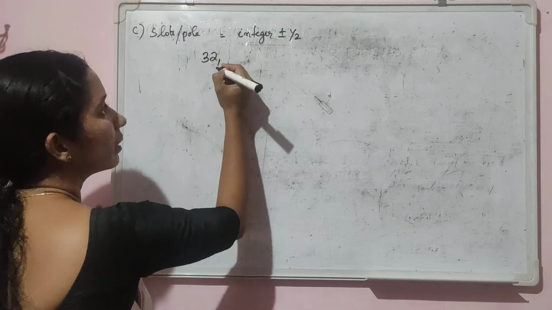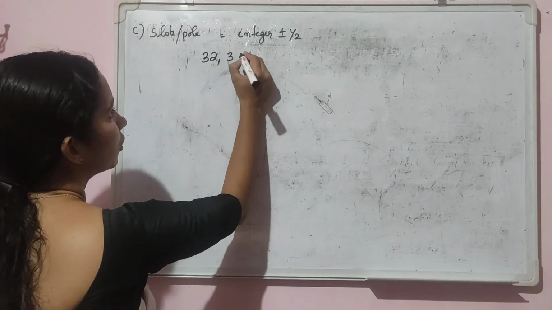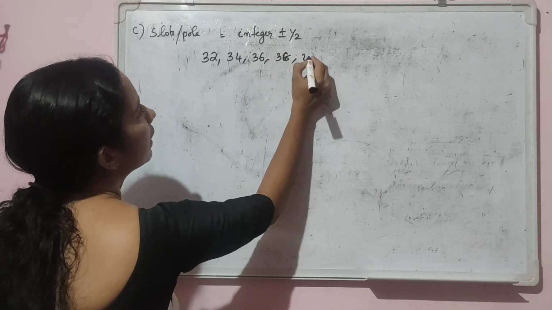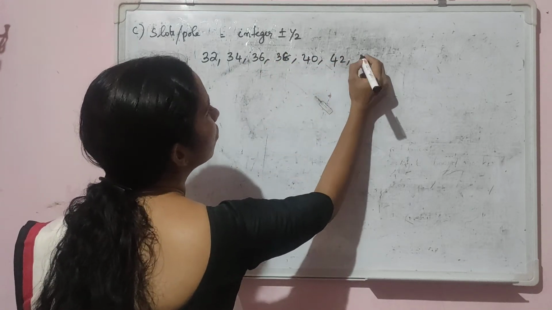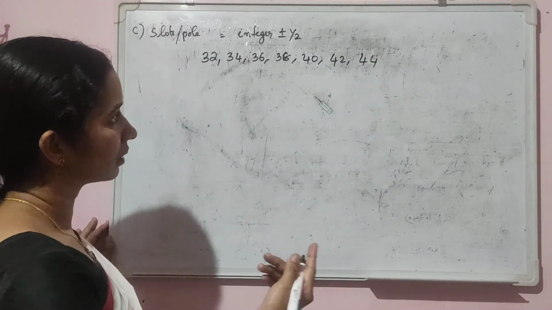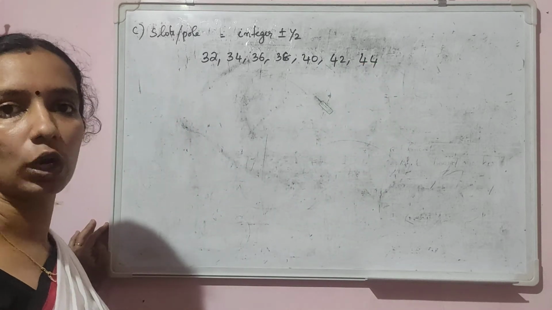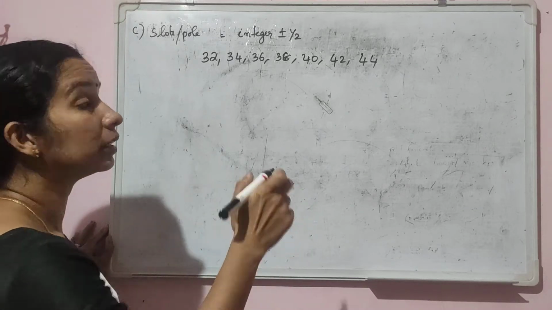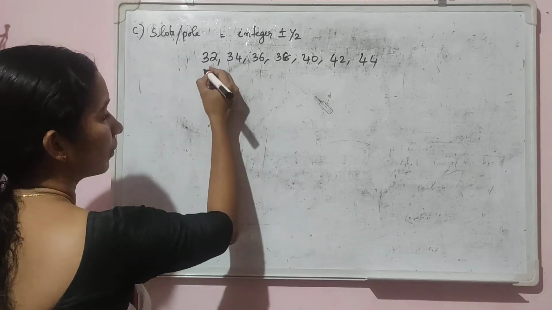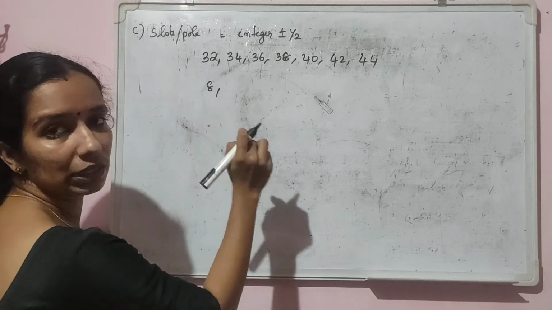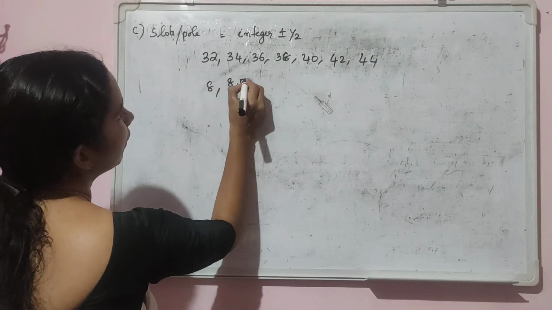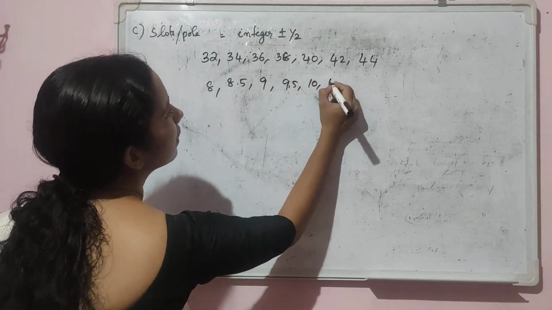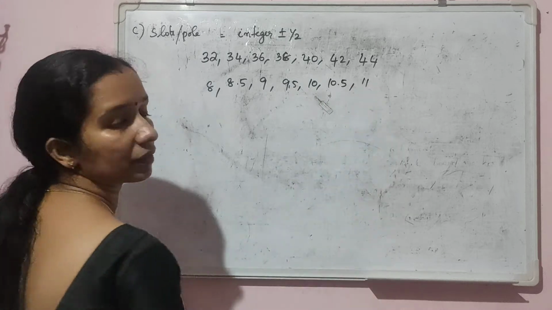So our available possible choices for slots are 32, 34, 36, 38, 40, 42 and 44. So let us calculate the slots per pole corresponding to each of these. Number of poles is 4. So calculate the slots per pole. This will be 8, since 8 into 4 is 32. Then this is 8.5, 9, 9.5, 10, 10.5, 11.